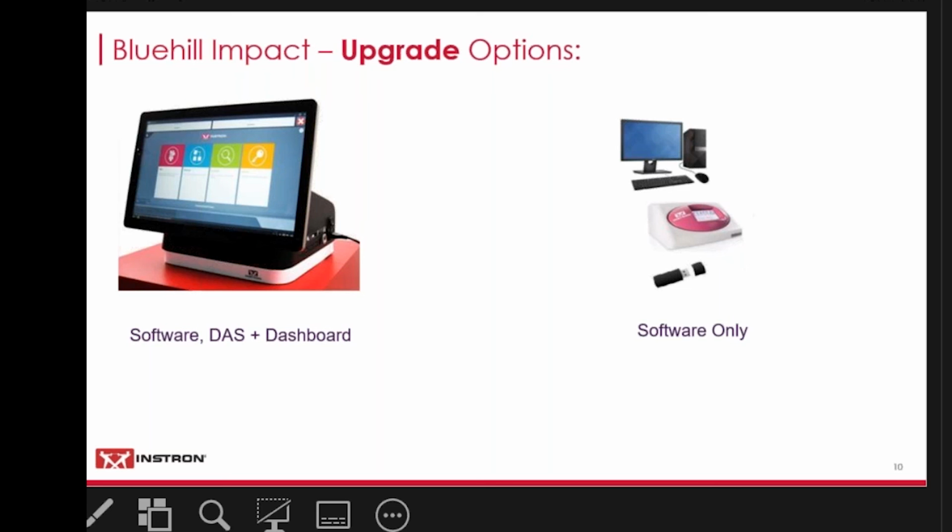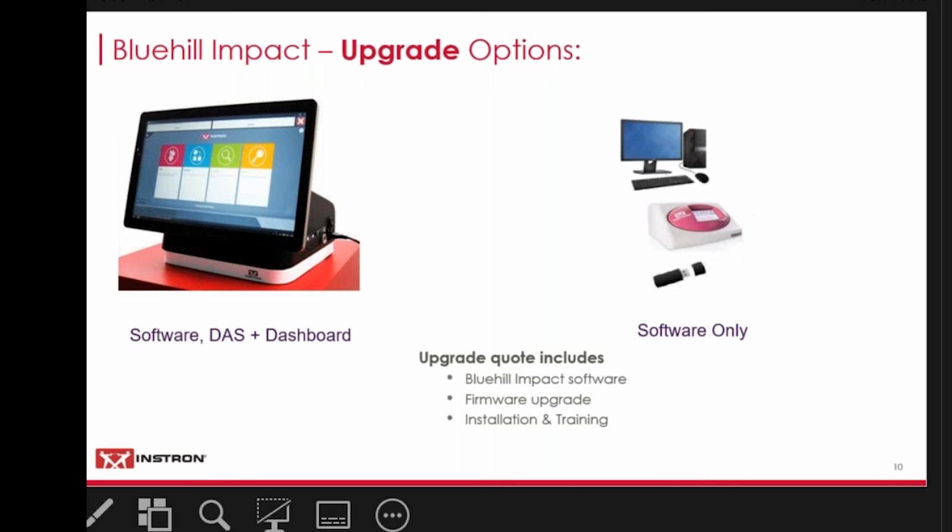Other option, if you have a DOS 64 and you already have a Windows 10 computer, you can choose to upgrade just your software. In between these two options, we do have, as I said, numerous other options available. One option could be you have a DOS 64 you're happy with, but you need to upgrade to a Windows 10 computer. We can offer the dashboard all-in-one computer with Bluehill Impact installed on a pedestal mount that would sit on the lab bench.